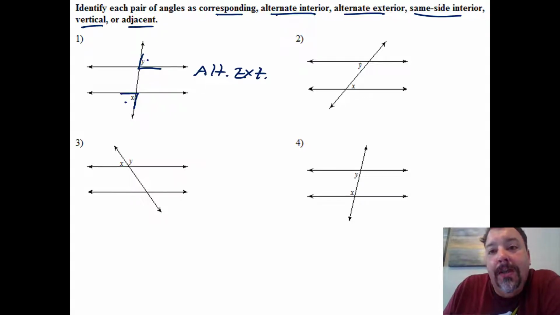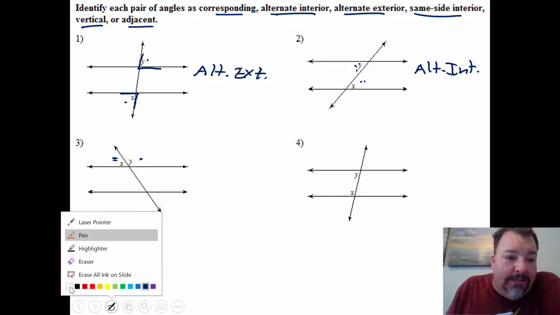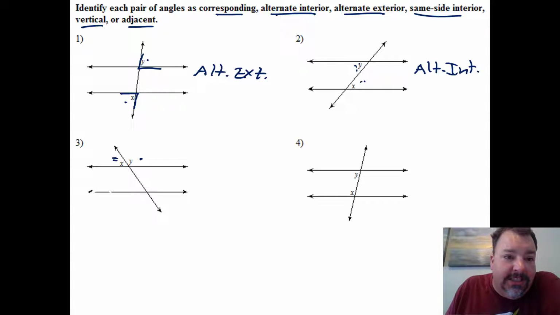For number 2, the two angles here are both inside and they are across the transversal, so these would be alternate interior angles. Number 3, X and Y, in this picture, I don't even really need this line. In fact, I could erase the bottom line here. Imagine that I just scribble this out.